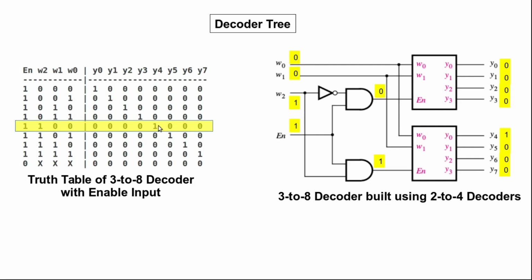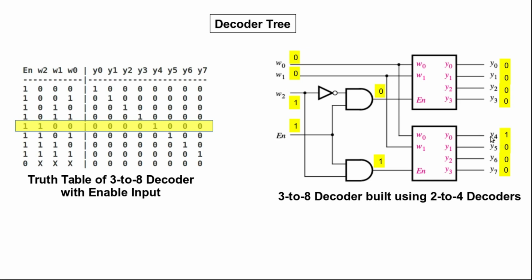And now if we consider this row as an example, in this row W1 is 0, W0 is 0, so these two inputs are equal to 0, and since they are connected to the W0 W1 inputs of the 2 to 4 decoder, its input will be 0 0, and 0 0 decimal equivalent is 0, and hence the Y0 output of this 2 to 4 decoder will be equal to 1, and this Y0 output corresponds to the Y4 output of the 3 to 8 decoder.